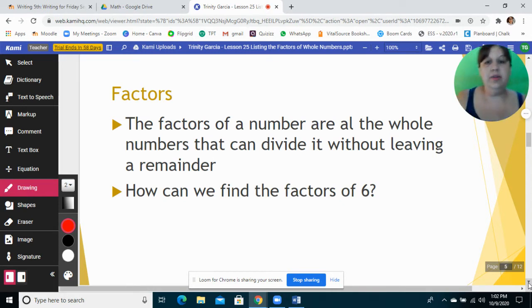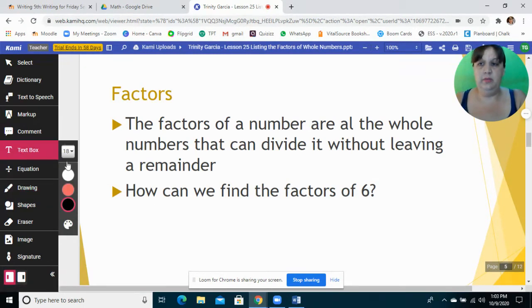So how could we find the factors of 6? Well, we can look at which numbers can go into 6 without leaving a remainder, right? So the factors of 6, for example, would be what?